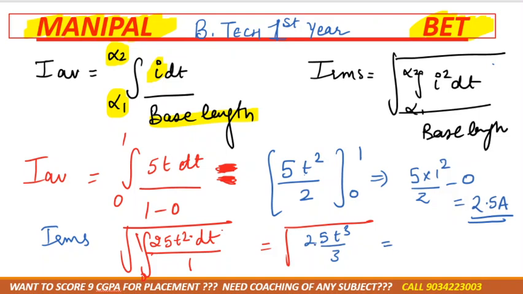You can take it common outside, then that would be 5 by root 3. So the final answer would be 5 by root 3. Got it?